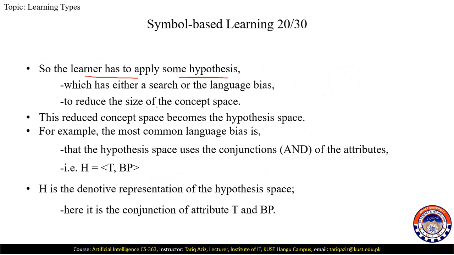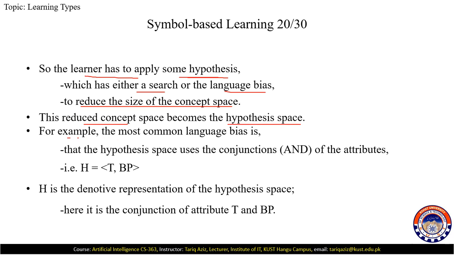For what purpose? To basically reduce the size of the concept space. And for this reason, our learner can maybe use some sort of searching technique or the language bias technique to reduce the concept space. Now, dear students, this reduced concept space is known as the hypothesis space.